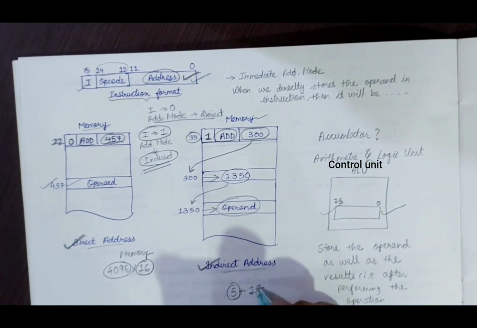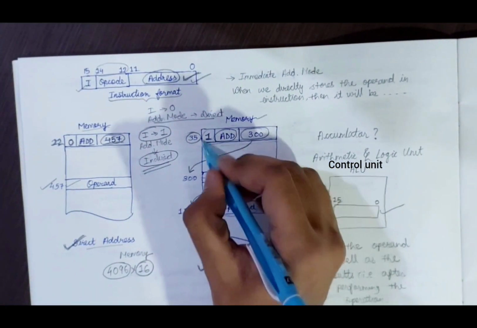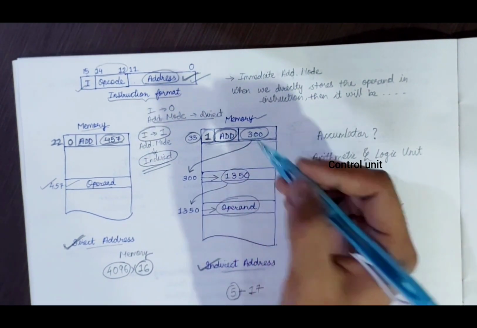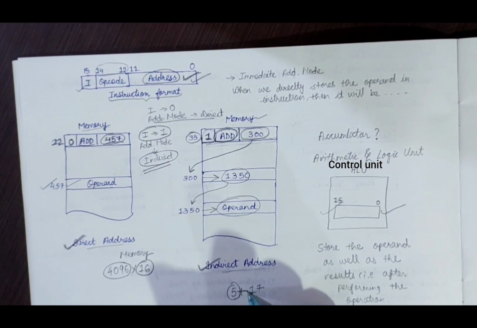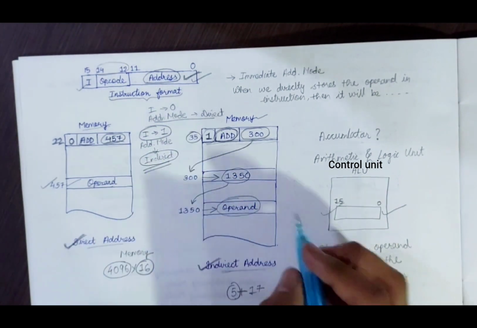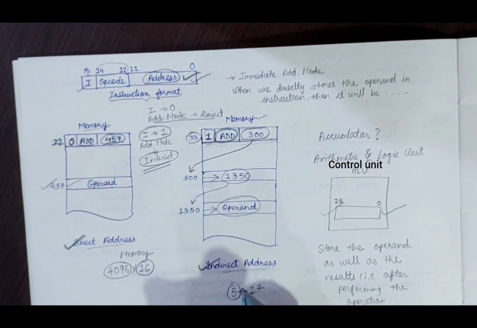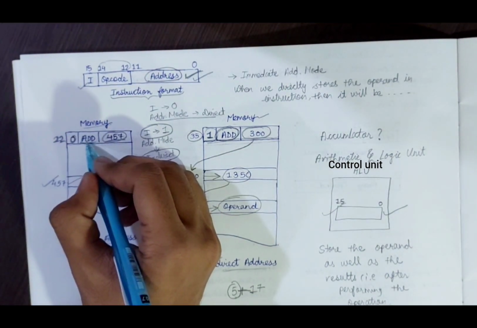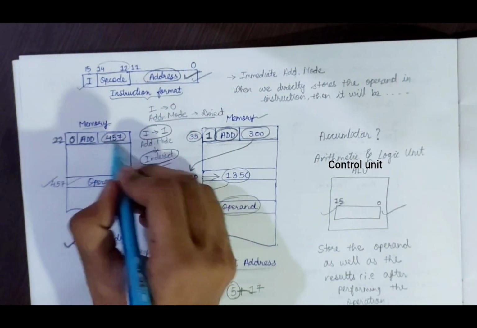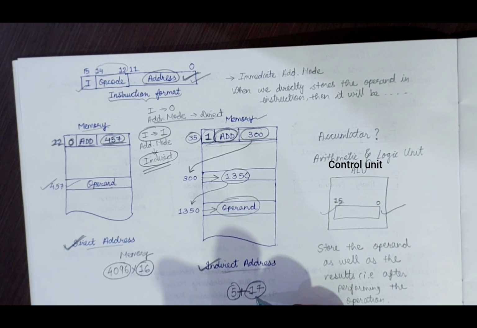Then the instruction has the ith bit as the addressing mode, the opcode will be add because we want to perform addition, and the address field will contain the effective address of the second operand, that is 17.